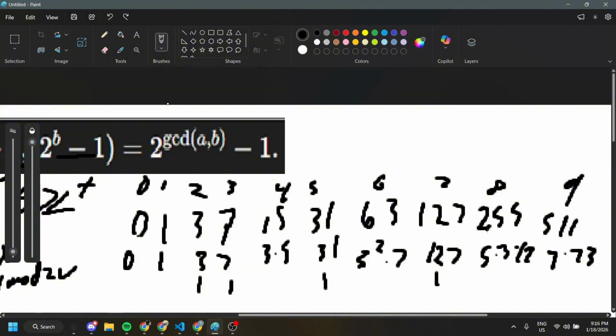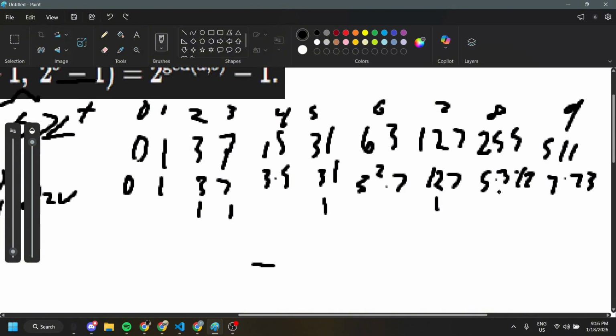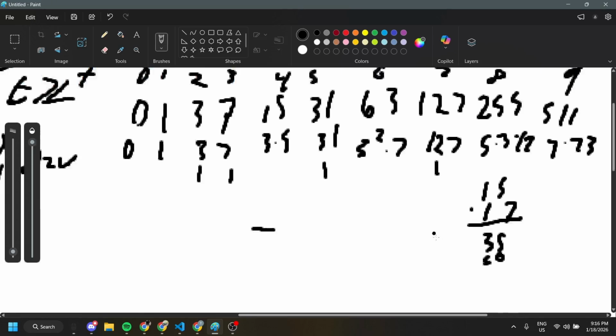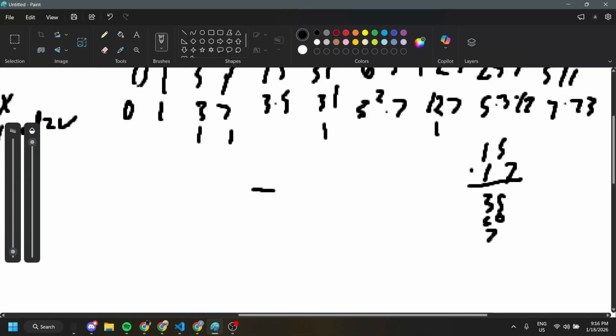Okay, I don't know what I'm talking about. Maybe they share a factor of 15 times 17? Oh, they must. 15 times 17 is 35, 50, 70, and 100, which gives us 255. Whoa, they share a factor of 255.